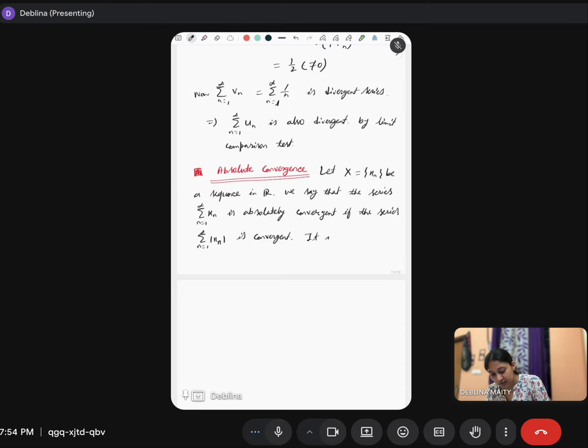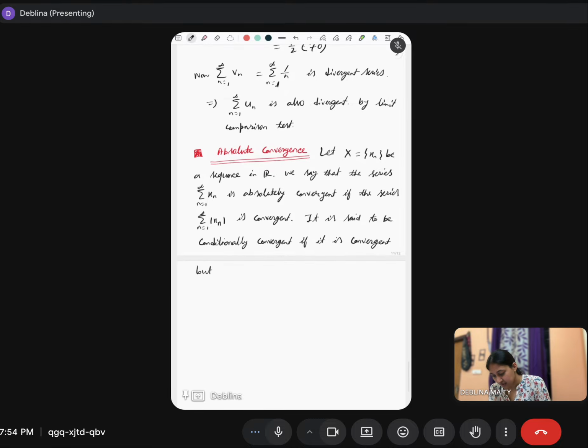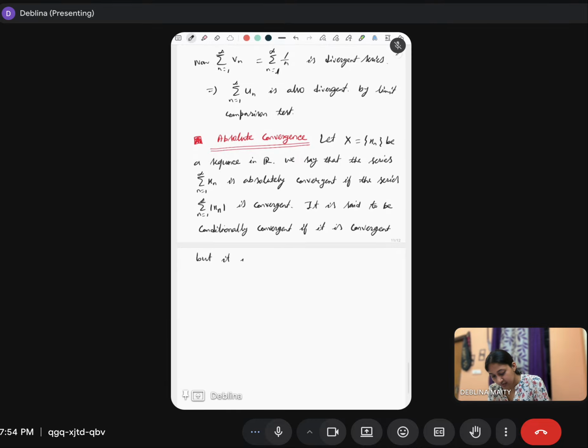It is said to be conditionally convergent if it is convergent. First, it has to be convergent, but it is not absolutely convergent.